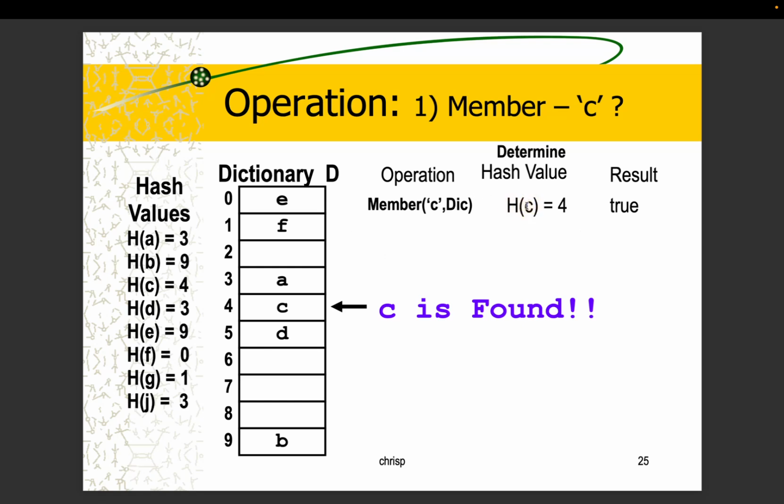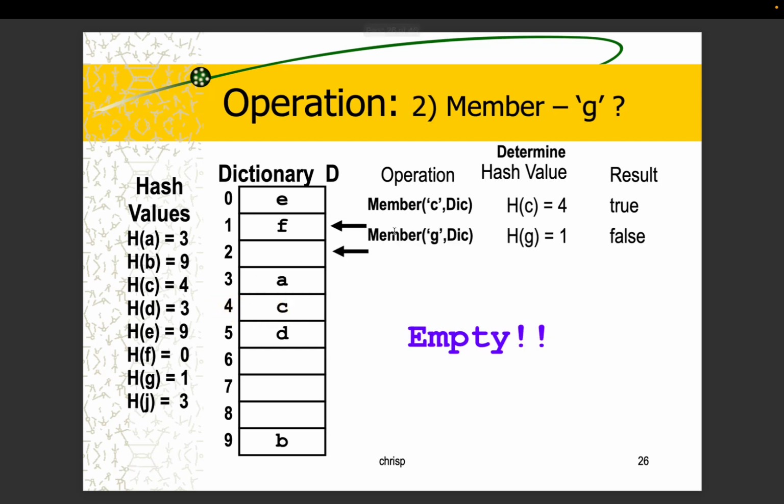H of C is equal to 4. C was found at index 4, so C is found. Next, member G. G returns a 1. Pag tanaw niya sa index 1, F man ang sulod. Therefore, meaning wala si G. Wala na siya ni tanaw sa previous elements.